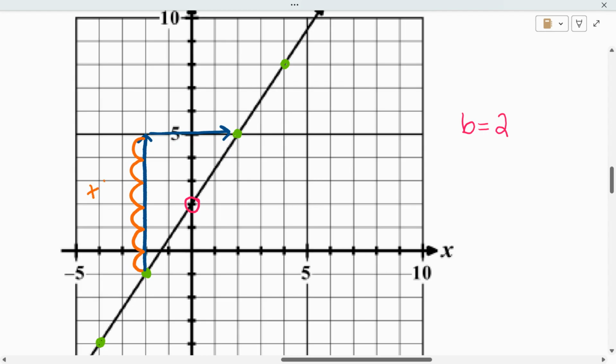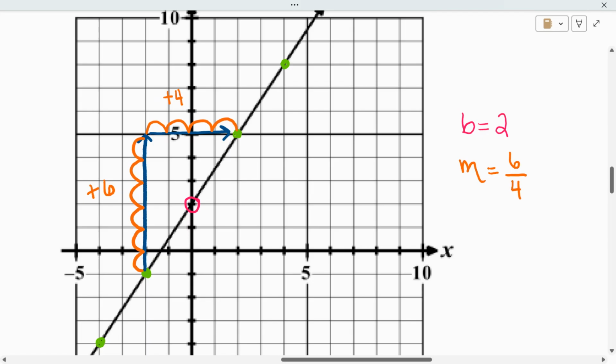Because I'm going up, that's positive. And then we always run to the right. 1, 2, 3, 4. Positive 4. So my slope is my rise, which is 6, over my run, which is 4.